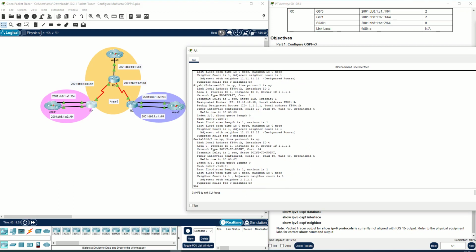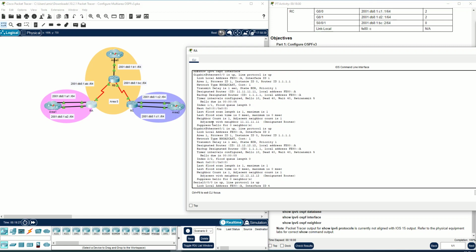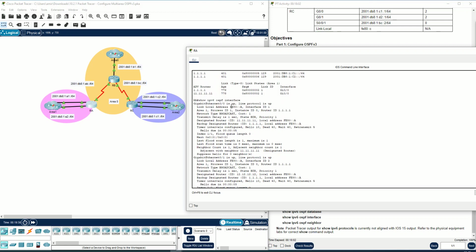There is a lot of information here about, for example, hello packets and interfaces, which interface participates in OSPF and what the status is, the interface ID, which area that interface is in, and what the cost is to reach this interface. This cost is 1.